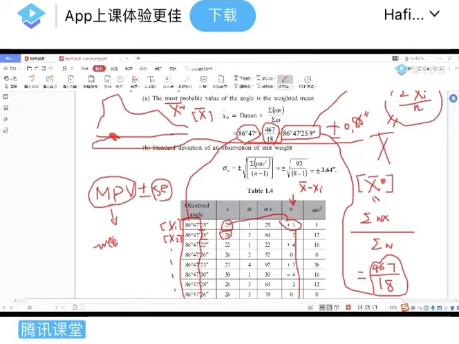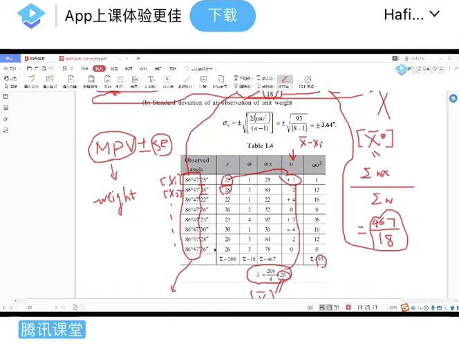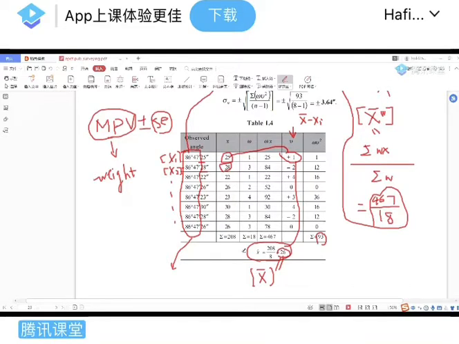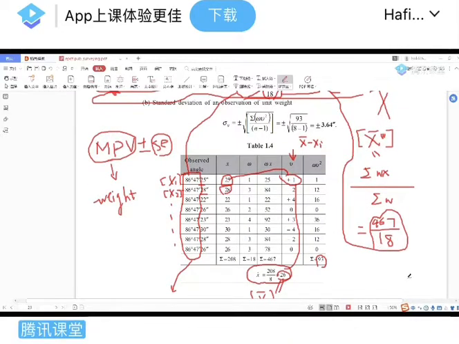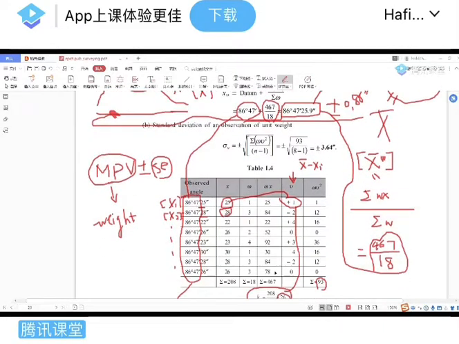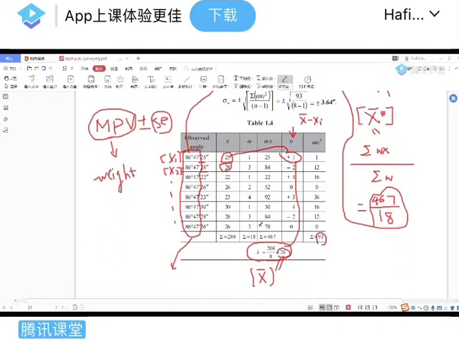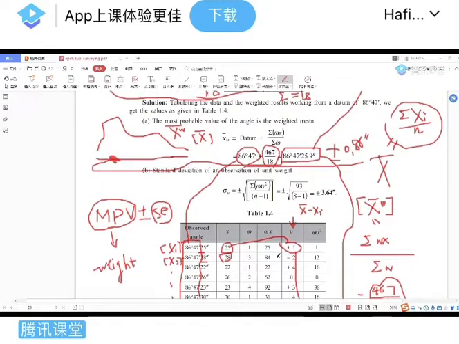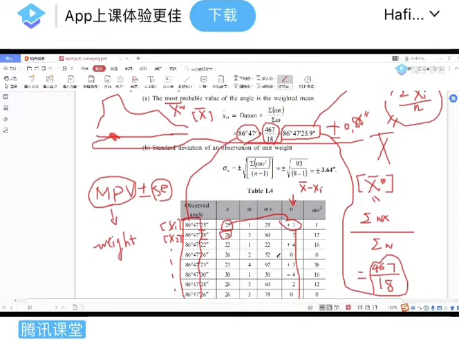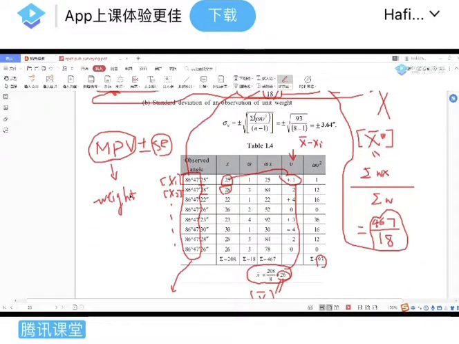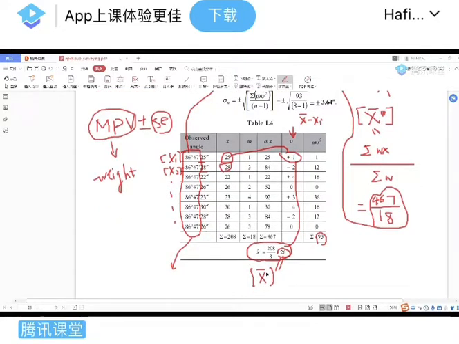But based on the statistical derivation, you can get rid of everything and treat it the way you treat a normal mean. So you just calculate the mean. The normal mean is 26. You don't use this number, you use this number. You don't add 25 times 1 and so on and then divide by 18. Otherwise you have a mistake, because the statistic will be changed.